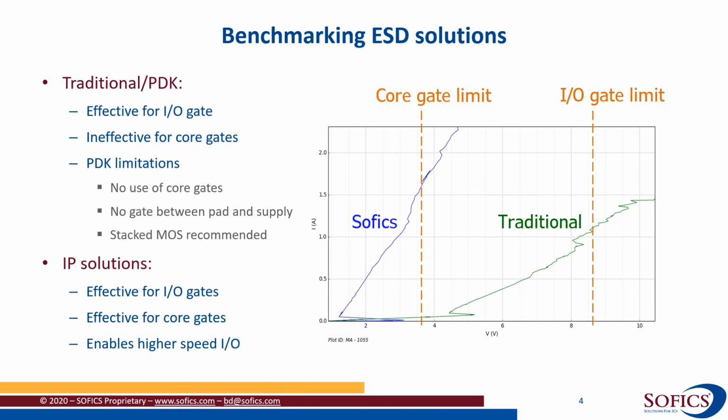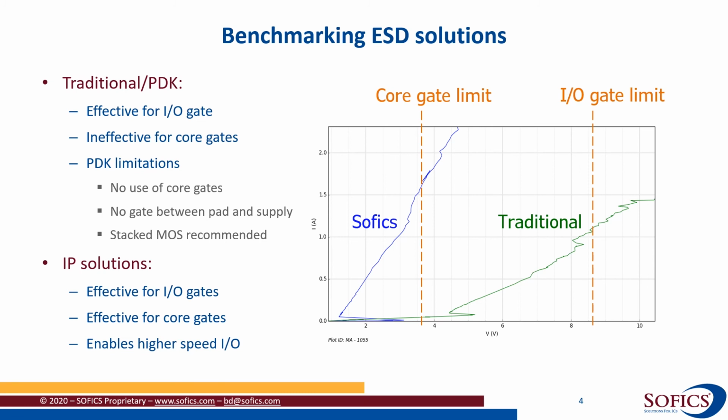However, you can also see that it's totally ineffective if core gates would be used, because its operation is way beyond the core gate limit. Hence the definition of the PDK limitations, saying that no core gates can be used in the I/O, and there also can be no gate connected directly between pad and supply, hence the no non-stacked use.